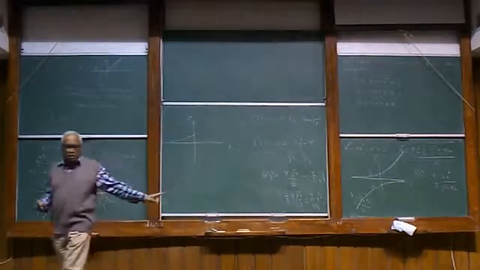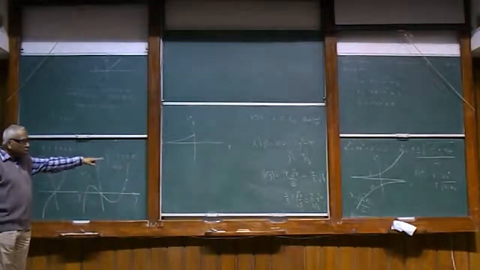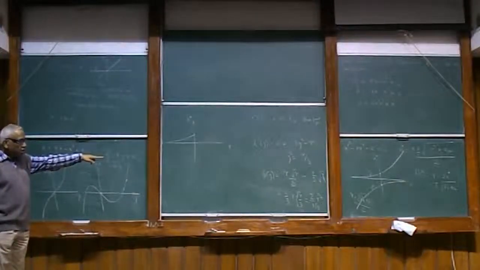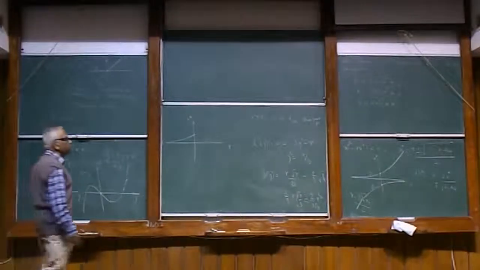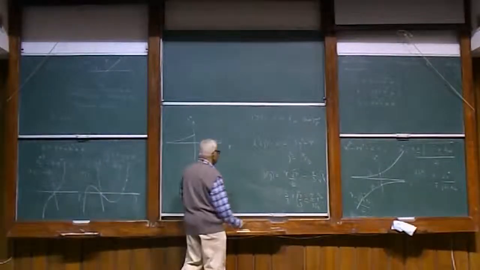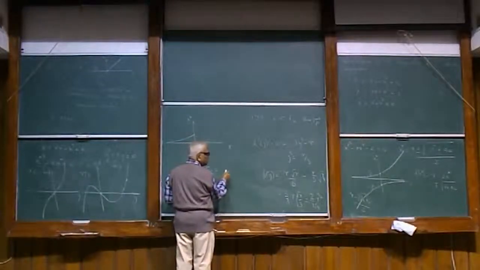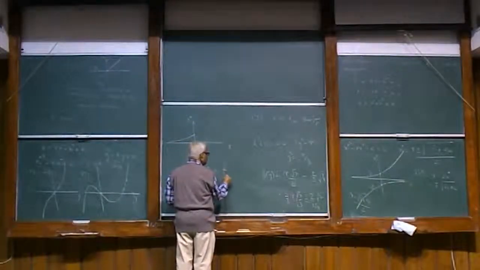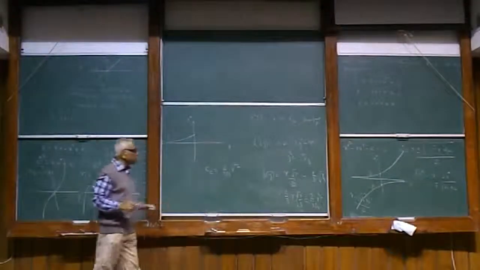So for any given r which is positive, there exists epsilon critical. So epsilon critical equals 2 by 3 root 3 r to the power 3 by 2.